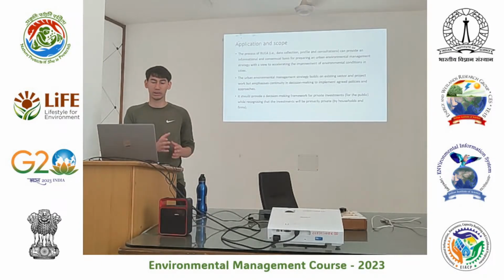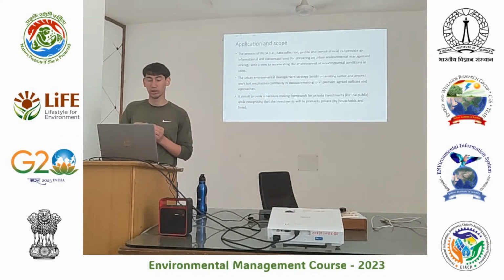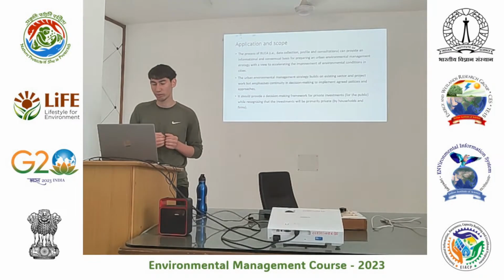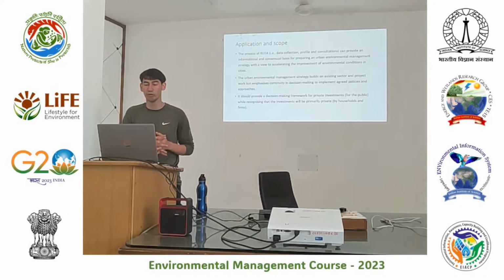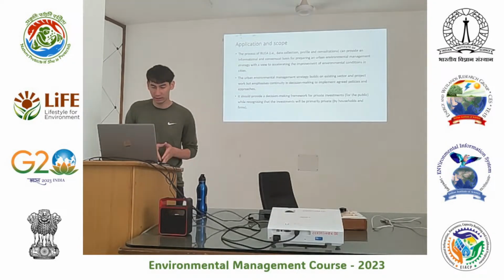Then application and scope of RUPA. The process of RUPA, data collection, profile and consultation, provides an information and consensus basis for preparing an urban environmental management strategy with a view to accelerating the improvement of environmental conditions in cities.